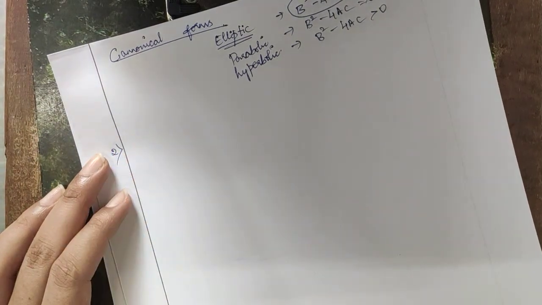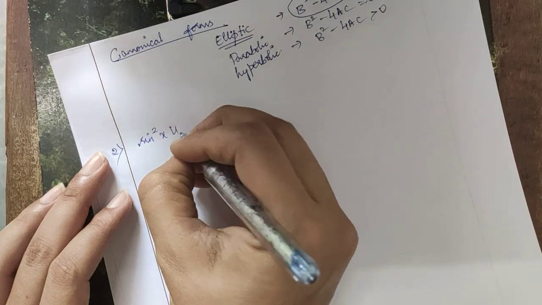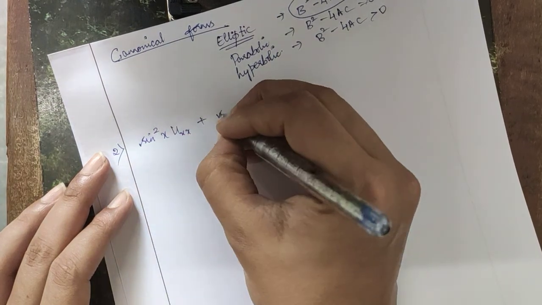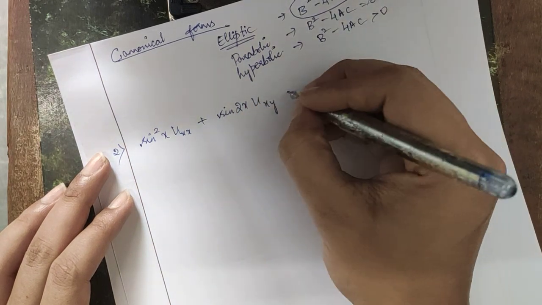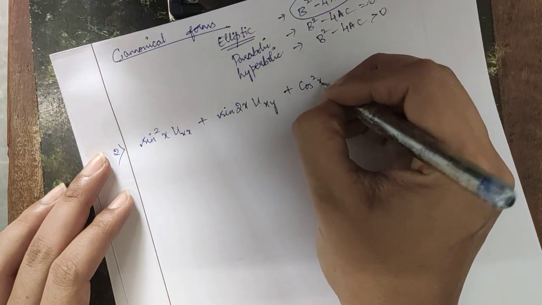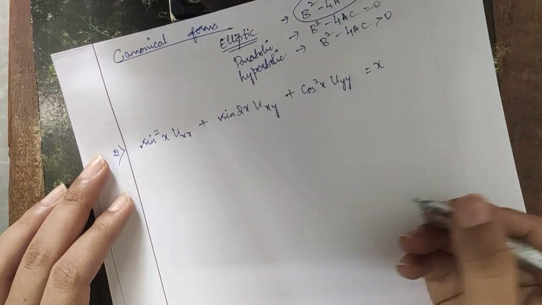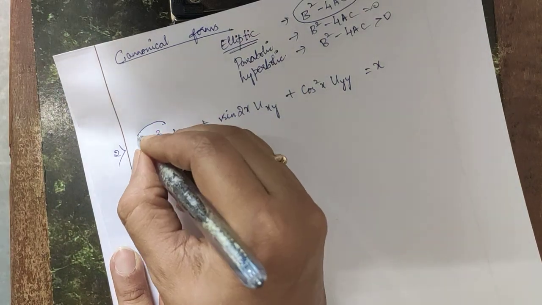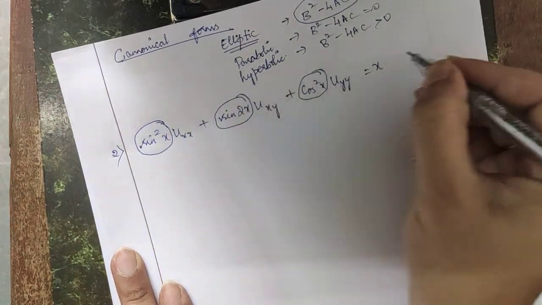The problem is sine square x uxx plus sine 2x uxy plus cos square x uyy is equal to x. So here the coefficients are functions of x, right?